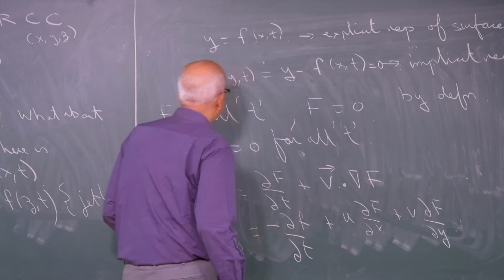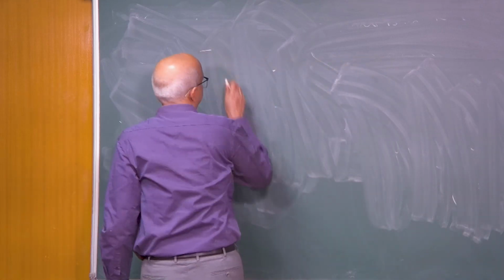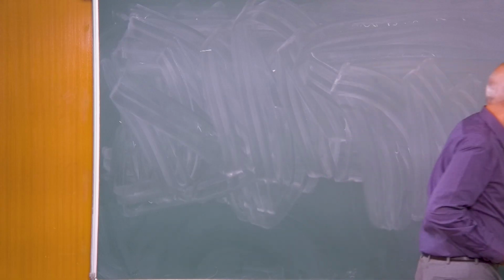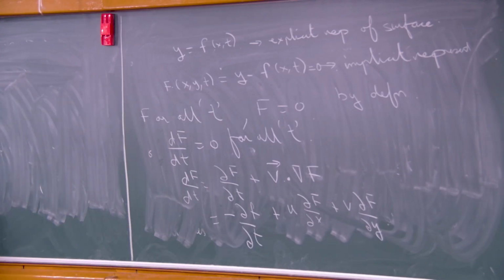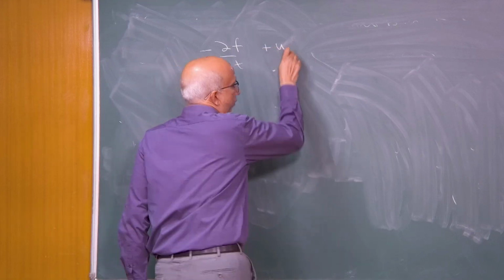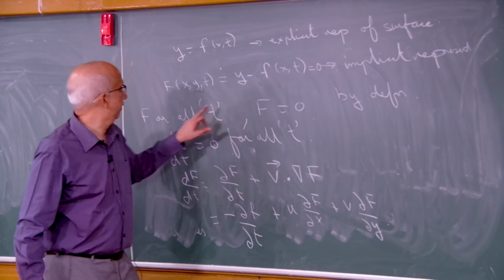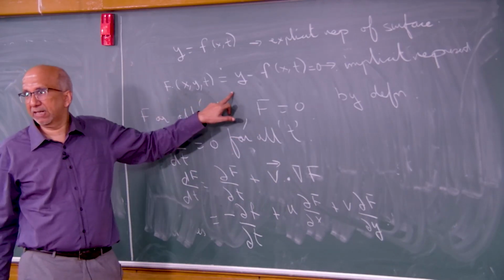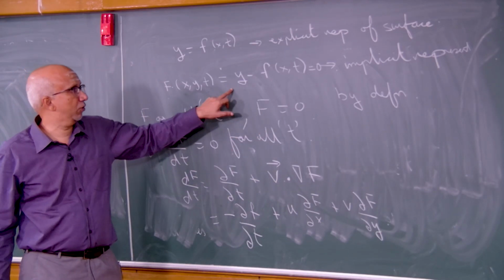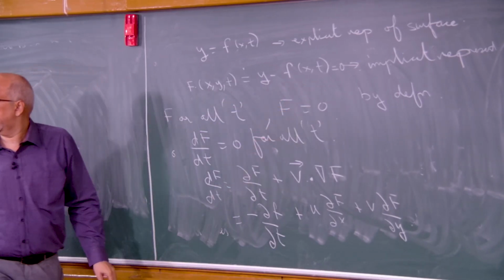So what does this give you? This tells me minus df by dt plus u, what is dF by dx? Capital dF by dx, I am doing the partial derivative with respect to x, so y is constant, t is constant. So it is a minus small df by dx.